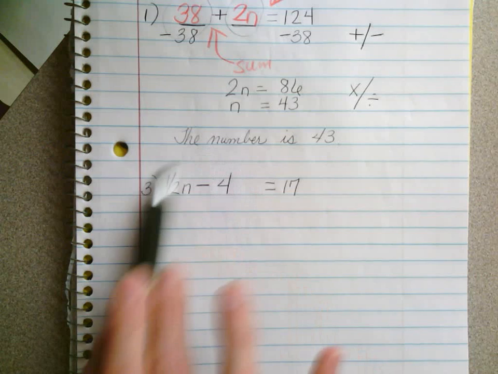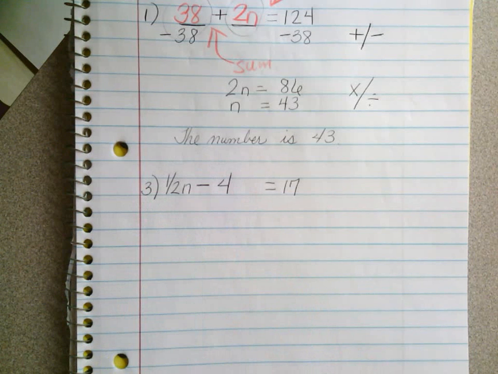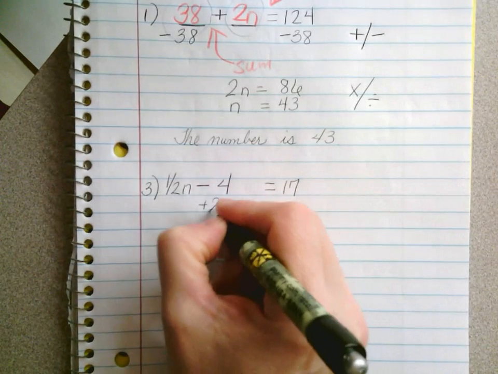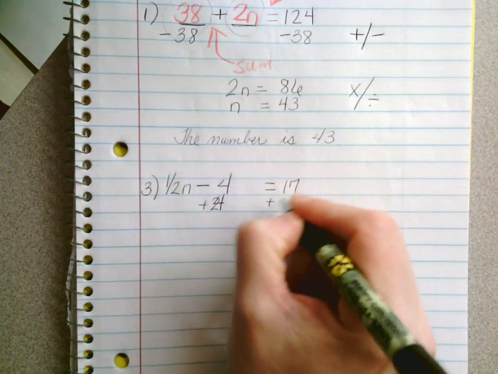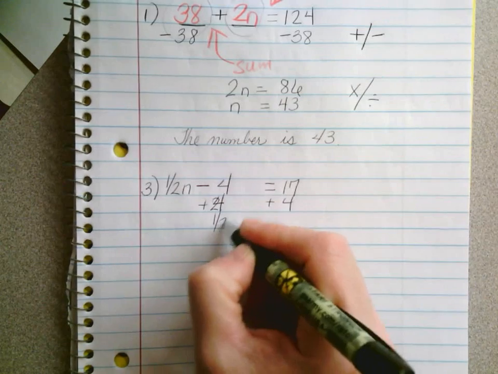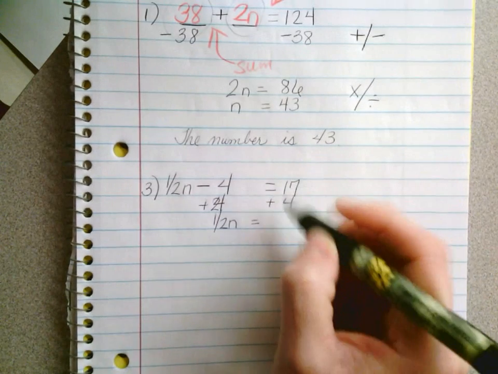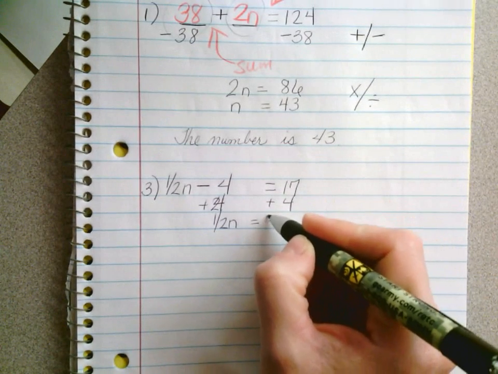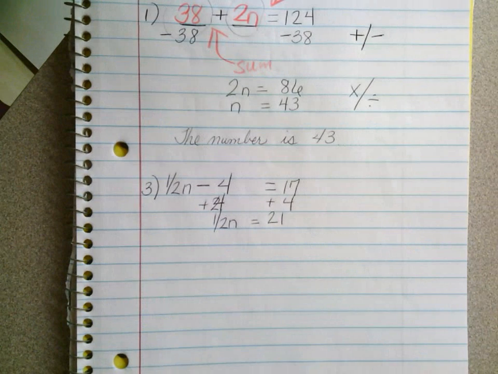Okay, this mistake here is easy to make. Add 4, right? Plus 4. So that means 1/2 of a number is 21. Can't divide by a fraction. What do I do instead, folks?